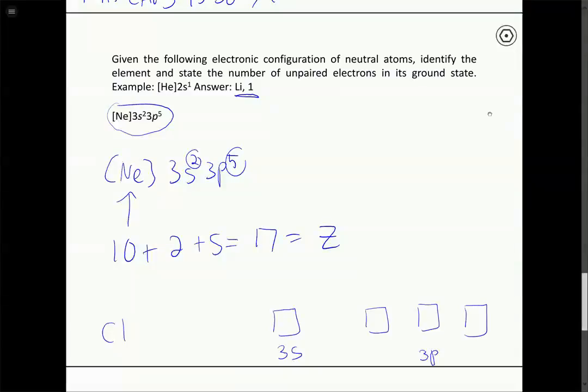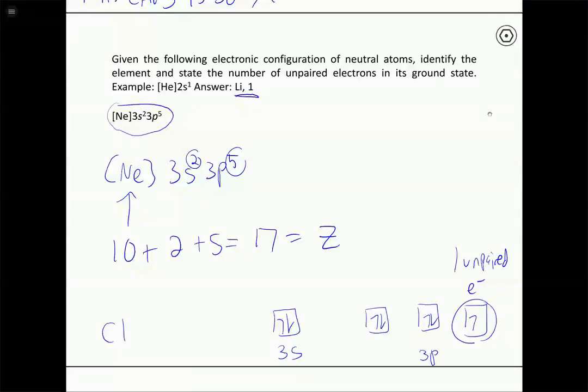So we have 3s2, we're going to have 2 paired electrons in the 3s, so there's going to be no unpaired electrons there. And if you go to 3p5, we have 1, 2, 3, 4, 5. That leaves us with, right here, 1 unpaired electron. So remember, an unpaired electron is one that has a certain spin value without another electron of the opposite spin paired with it.